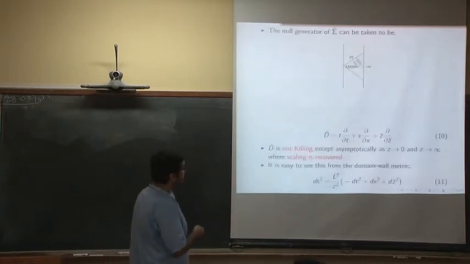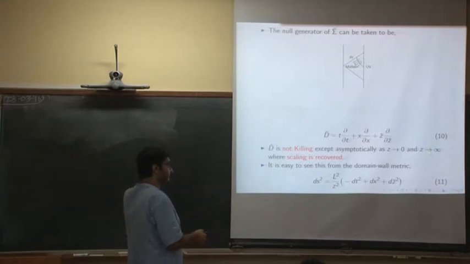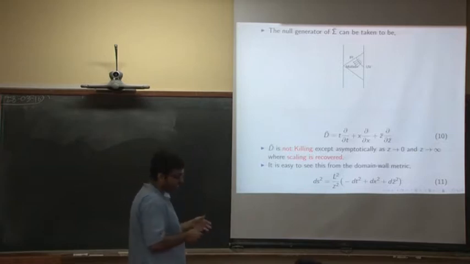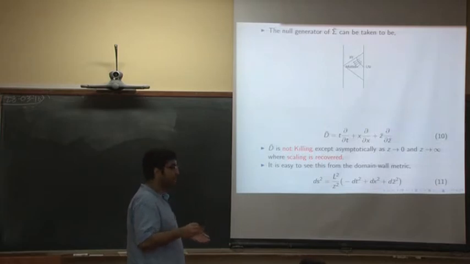Okay. So now you can see that these generators, this d bar, are becoming Killing as z goes to 0 and z goes to infinity. That's intuitively clear because the field theory is going from the ultraviolet conformal field theory and then it flows to the infrared conformal field theory at large values of z.